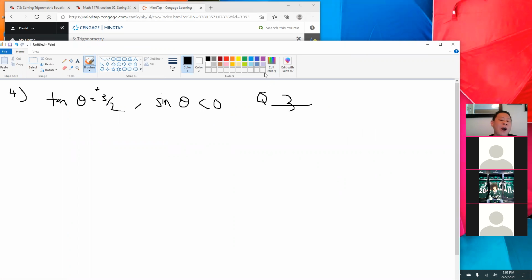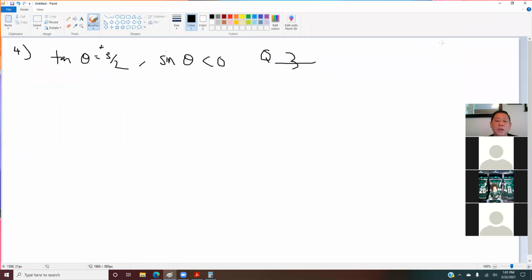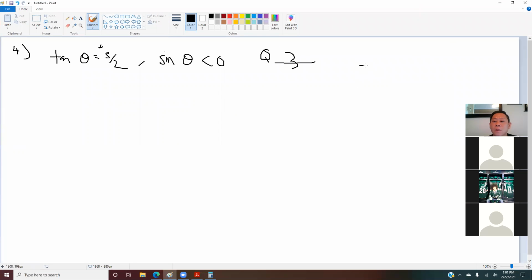And how does your triangle look in quadrant 3? Don't forget the ribbon. So in quadrant 3, your triangle looks something like this. Yes, you have to use SOHCAHTOA here. This is your theta.